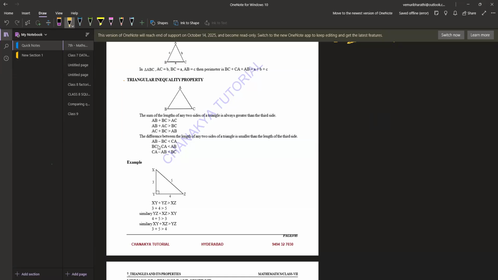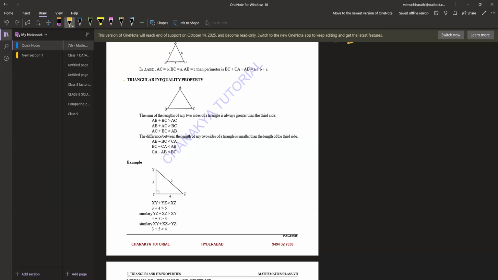See, here they gave the question as 3, 4, 5. They mentioned the sides: x and y are 3 centimeters, y and z are 4 centimeters, x and z are 5 centimeters. What is the condition? I said the sum of two sides is always greater than the third side.